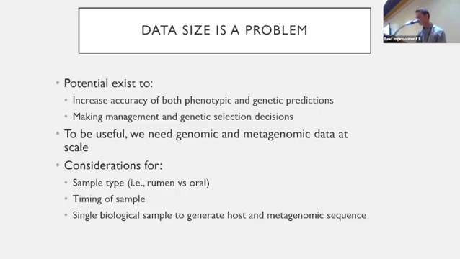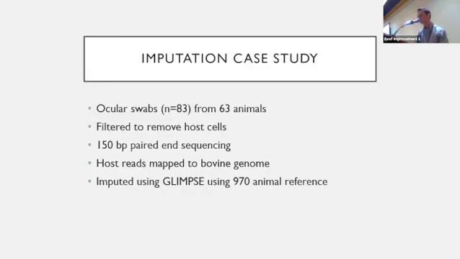And then my last comment is it would be nice to use a single biological sample to generate both host and metagenomic sequence. Just as an example of that, again, Dr. LeCamp, and this is actually not rumen, it's ocular, from a relatively small number of animals.